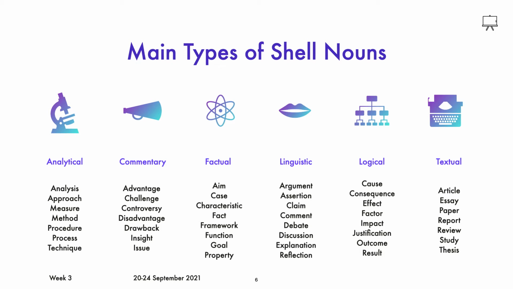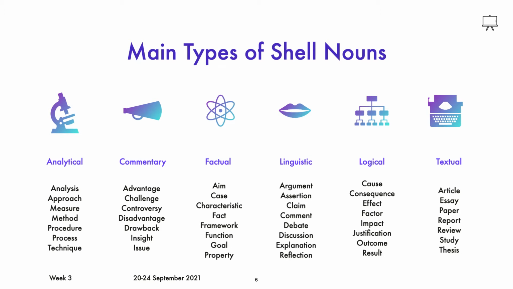And then we have factual shell nouns. So when you talk about aims, case, characteristic, fact, framework, function of something, goal of your study, or properties of a thing, a physical object, or a plan, or a campaign, and so on.